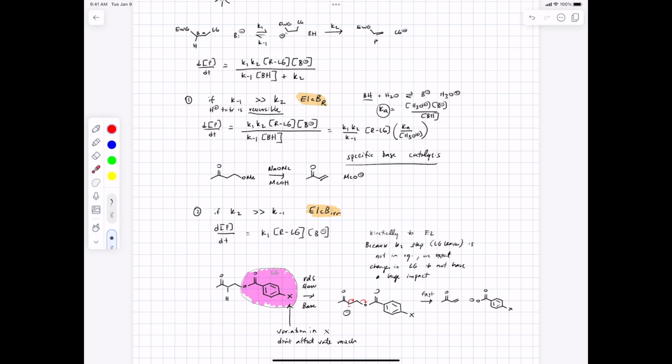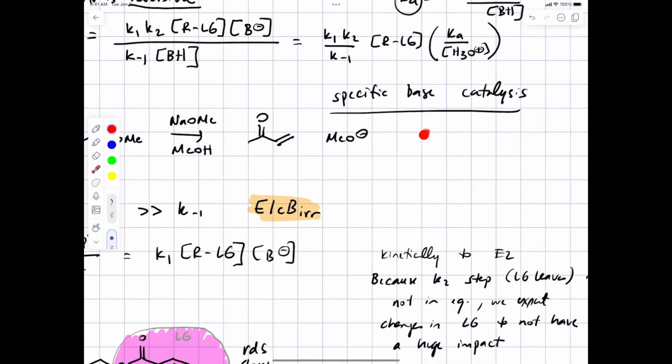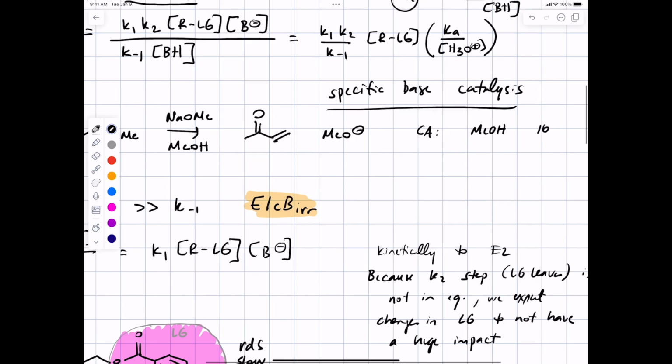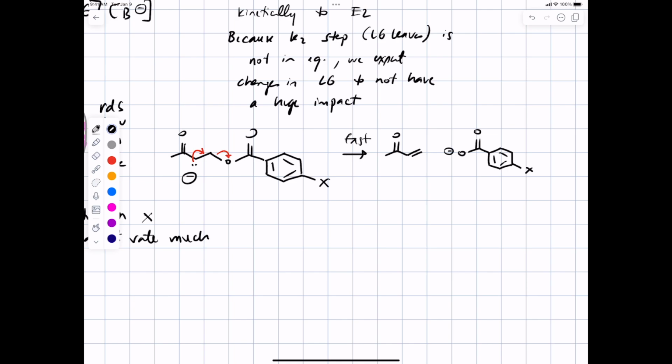If you look, the leaving group is methoxy here. The leaving group is the conjugate base of benzoic acid there. And if you look at the pKa's of the conjugate acids of those leaving groups, methanol pKa 16, benzoic acid, I should know that number, I don't, in the 3 range or something like that.